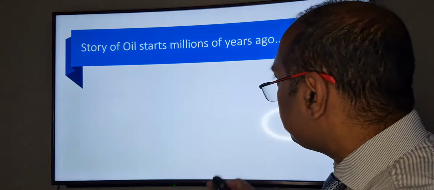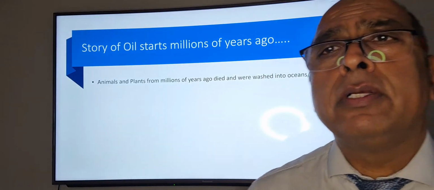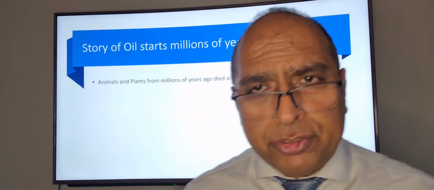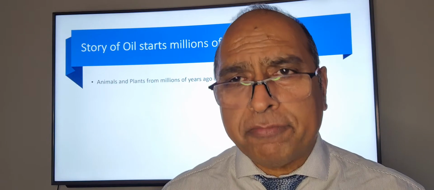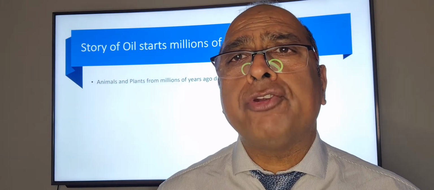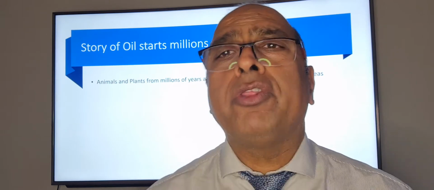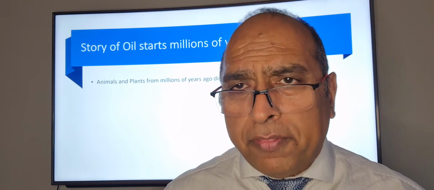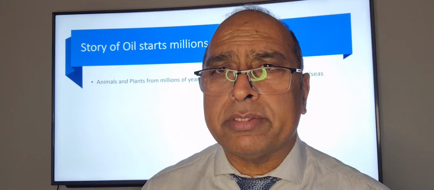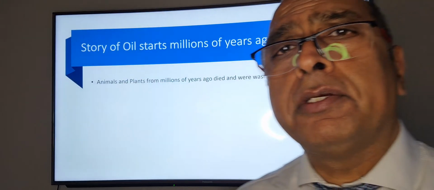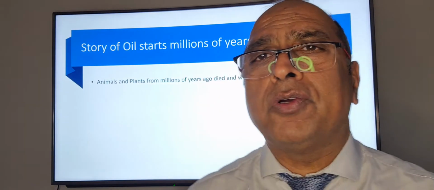So, the story of oil starts millions of years ago. Now, another word for oil is petroleum. You may have heard of the phrase petroleum industry, or the oil industry, and that's in reference to all of this. Plants and animals from millions and millions of years ago died.